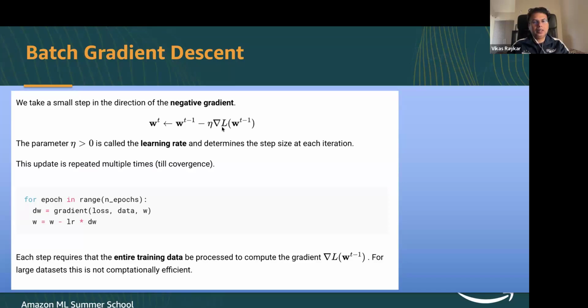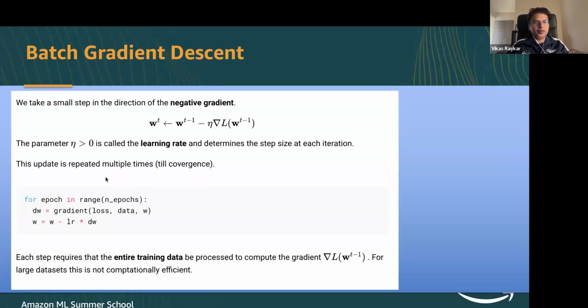Let's say I am standing right now at w(t minus 1); the gradient of L is the gradient at that time step, so I move in the direction of the negative of the gradient. The step size is controlled by the learning rate eta, where eta is greater than 0 and determines the step size at each iteration. We keep repeating this until convergence.